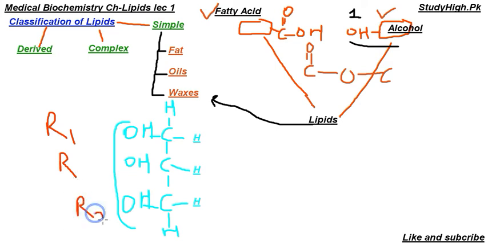So glycerol is present in fats and oils, whereas monohydric alcohol is present in waxes. In waxes, the alcohol consists of a large number of carbons, a high molecular weight, and at the end only one hydroxyl group that forms a bond with the fatty acid to yield lipids.